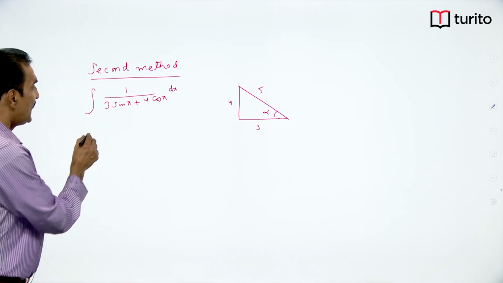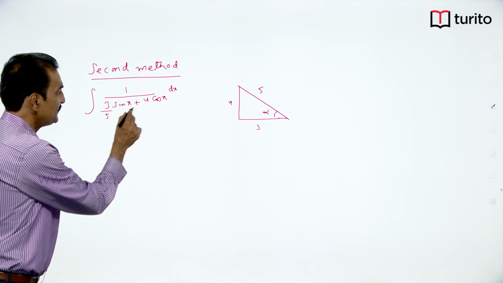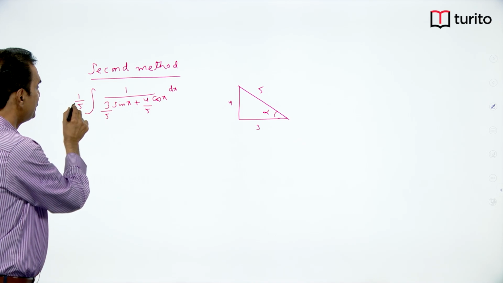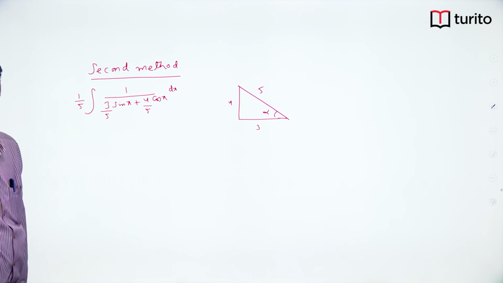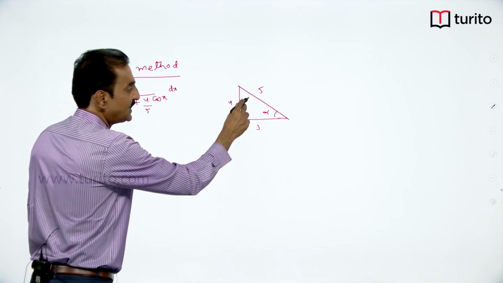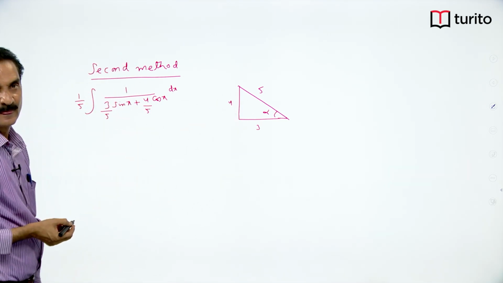So, I will divide by 5 here and multiply by 5 like this. Value remains same. Now, I can write 3 by 5 as cos alpha, 4 by 5 as sin alpha.